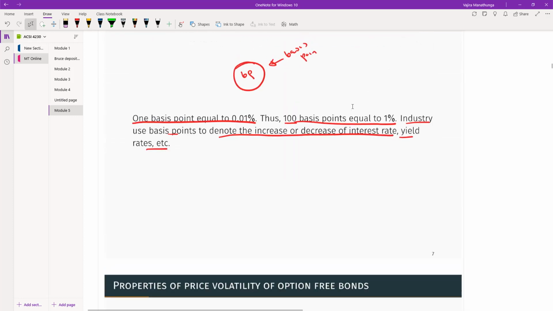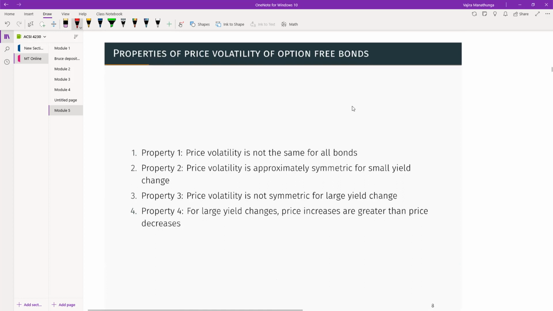So what are the properties of price volatility for an option-free bond? Option-free means basically not callable or puttable or having some other condition. So there's no option. One property is that price volatility is not the same for all bonds.